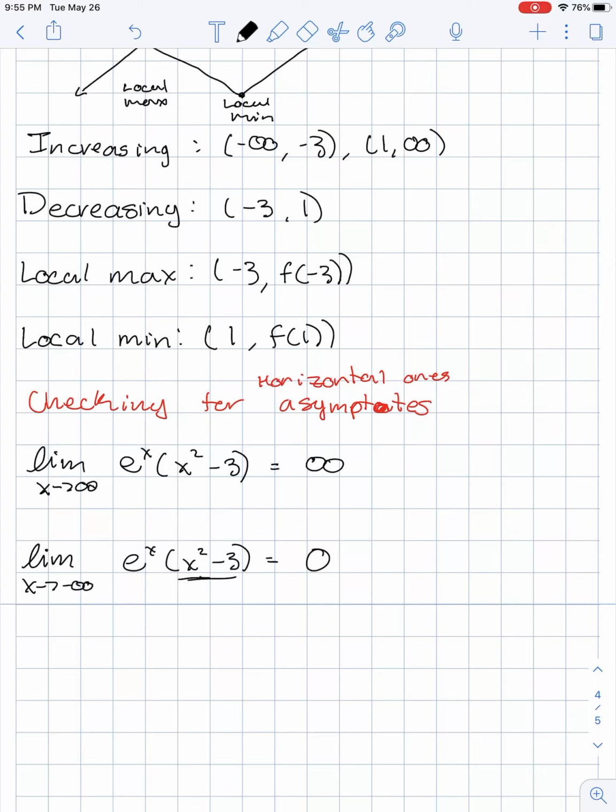So even though this bit is going towards infinity, this e to the x is beating it out. Exponential growth is a lot stronger than a power. So it's like 0 times a tiny infinity, and that's how we get 0. This is really helpful for figuring out if any of these are absolute mins and maxes. I hope that exponential and power function makes sense. Okay, cool.